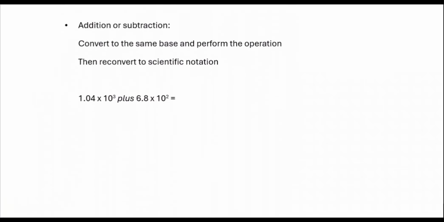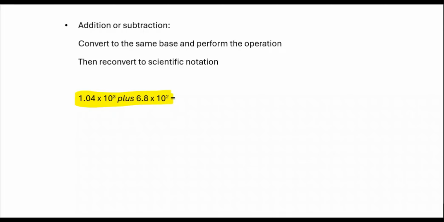This is the question: 1.04 times 10 raised to the power 3 plus 6.8 times 10 raised to the power 2. When we add or subtract, our first task would be to alter the number and adjust the exponents.